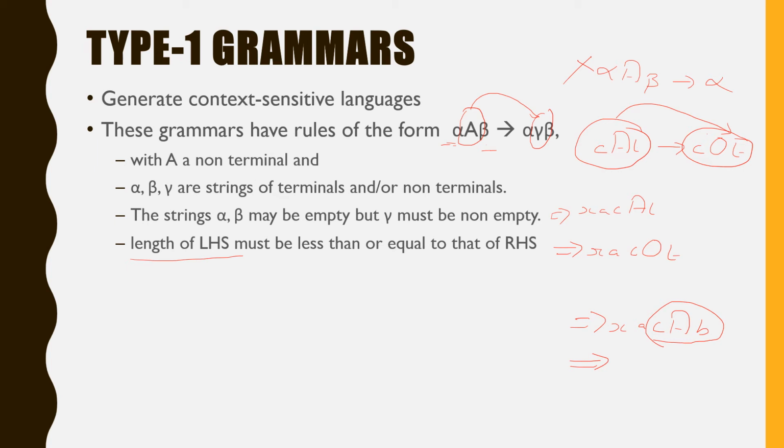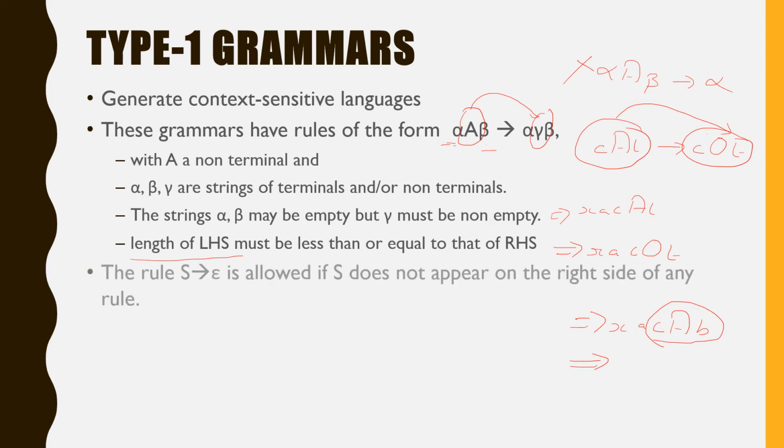If this restriction is there, then it is called a type 1 grammar. So type 0 had no restrictions at all, and hence it is called an unrestricted grammar. And here there are some restrictions: the left hand side should contain at least one non-terminal, it should be with respect to the context, and the length of the LHS must be less than or equal to that of the RHS.